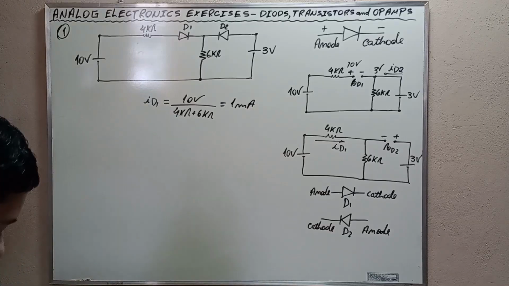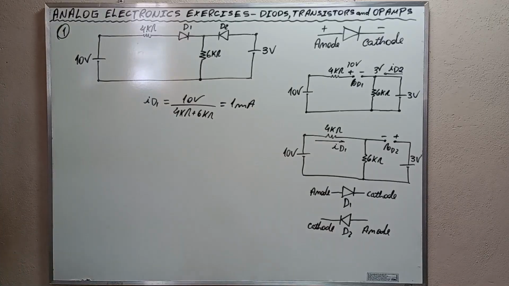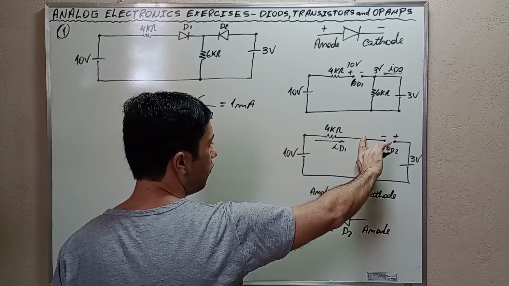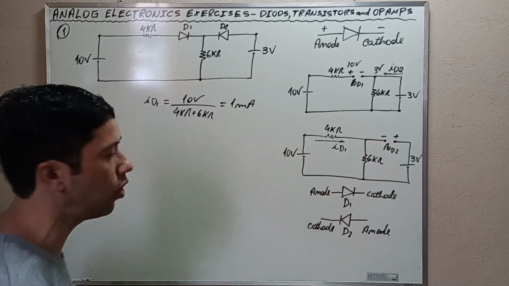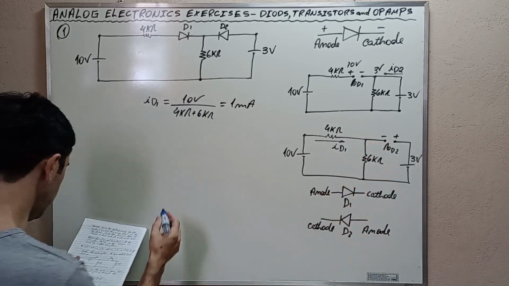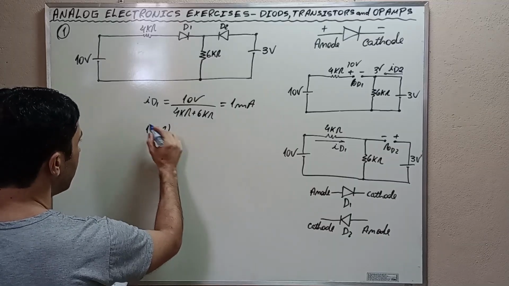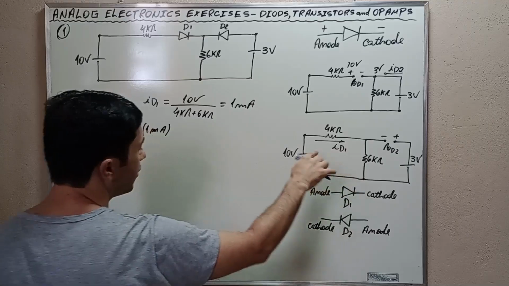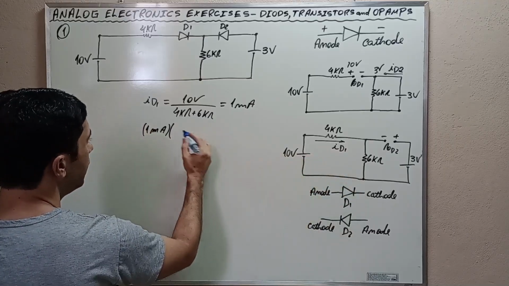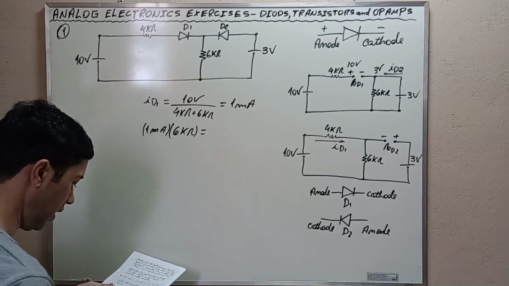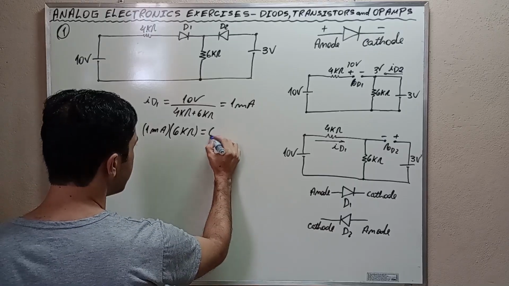Okay, my friends, let's calculate the voltage on top of the 6 kilo ohms resistor. This voltage is going to be 1 milliamp, the current that passes here, ID1, times the resistance 6 kilo ohms. And the voltage is 6 volts.